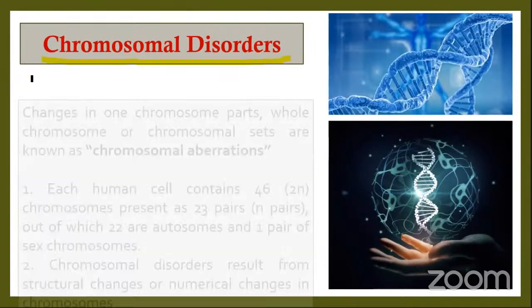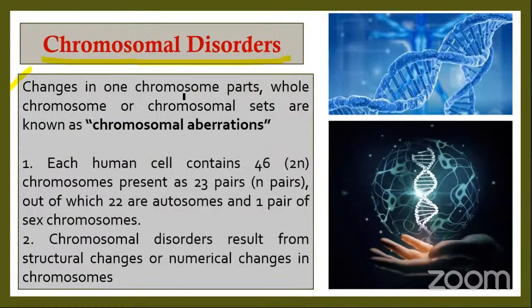Here you can see the definition: changes in chromosome parts, whole chromosomes, or chromosome sets are known as chromosomal aberrations. We have 46 chromosomes in our body.